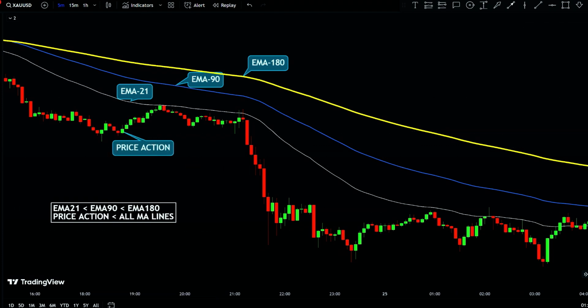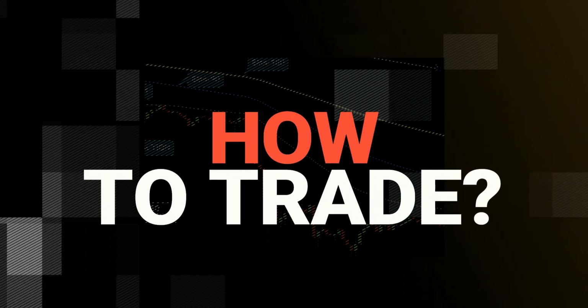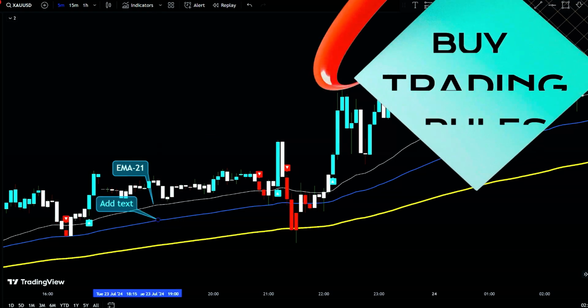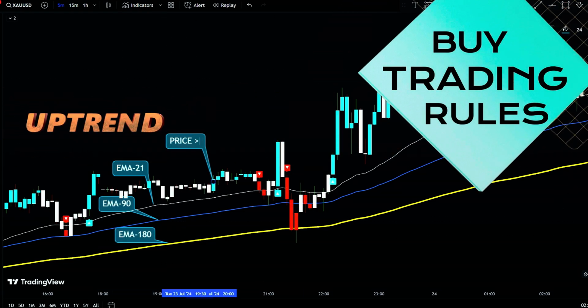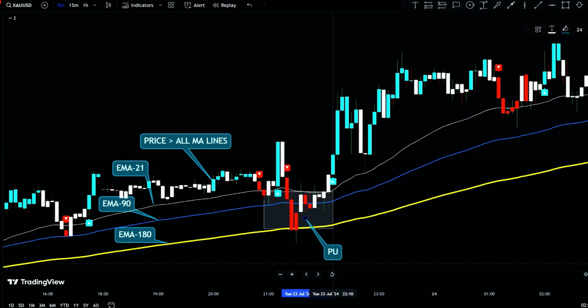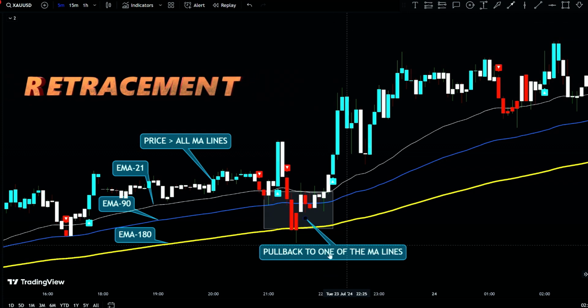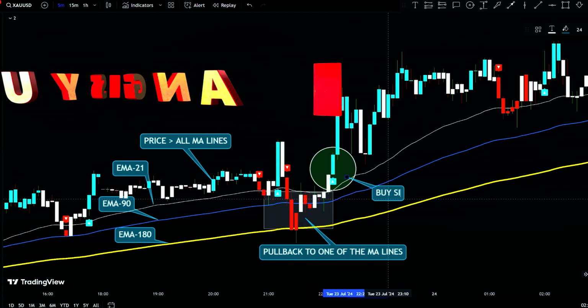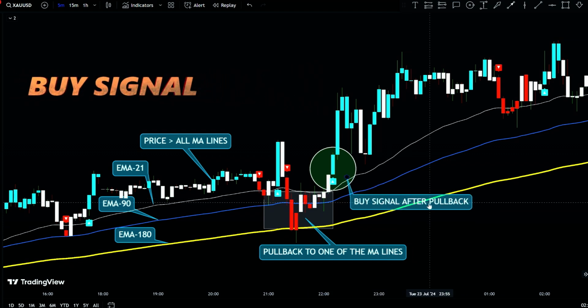I know what you're thinking. How do we actually make trades with this strategy? Well, here's the lowdown. First, we need to confirm the trend for buying. So, make sure it's an uptrend. Then wait for the price action to do a little dance, pulling back to one of those MA lines. This is where the magic happens. So we keep our eyes peeled for a buy signal as the price starts climbing back above the MA line.